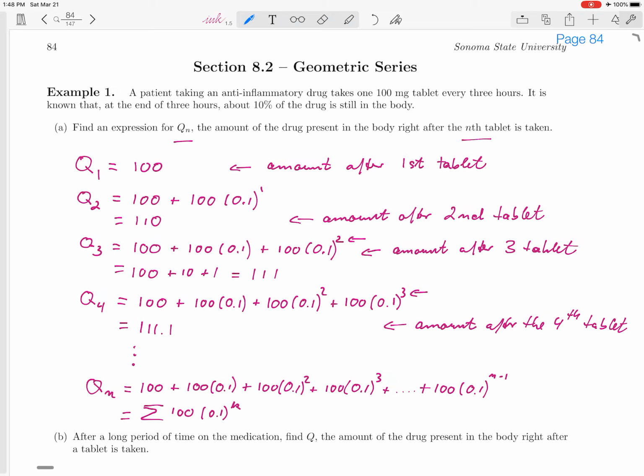Every term is 100 times 0.1 to some power. And that power starts for the very first term, we really have 0.1 to the 0th power. And for the very last term, we have 0.1 to the n minus first power. So sigma notation is a nice way to write down in compact form what this long sum looks like.